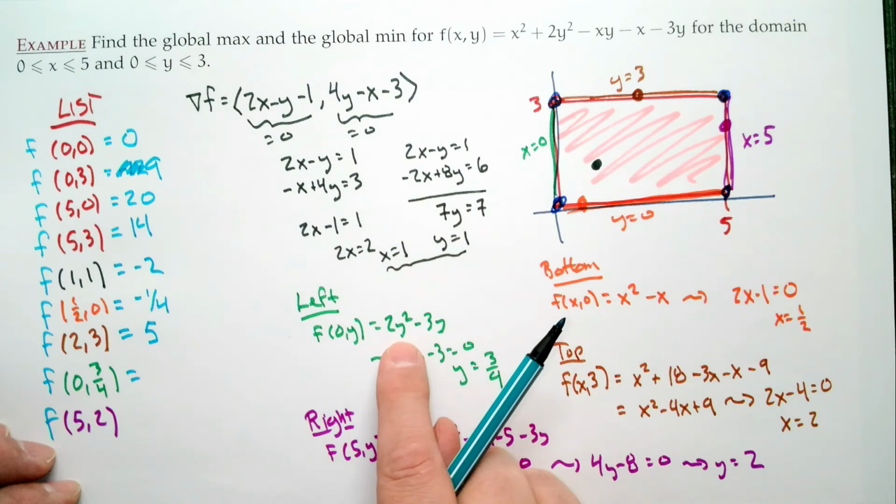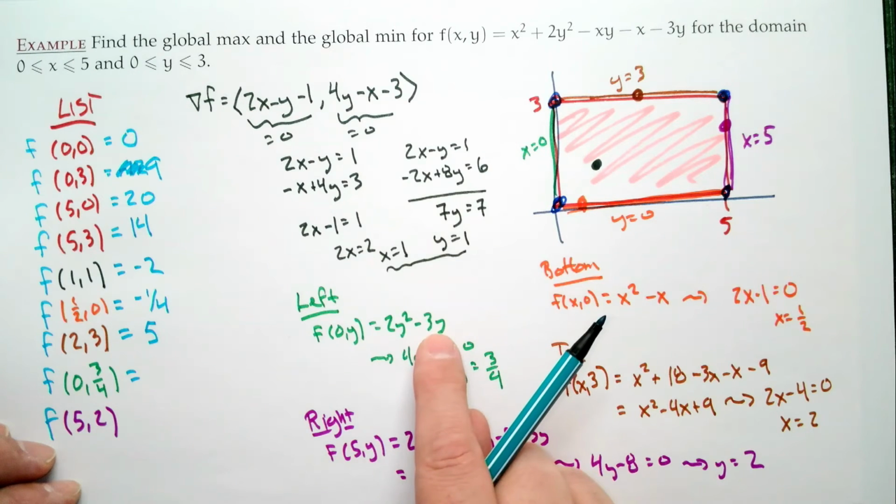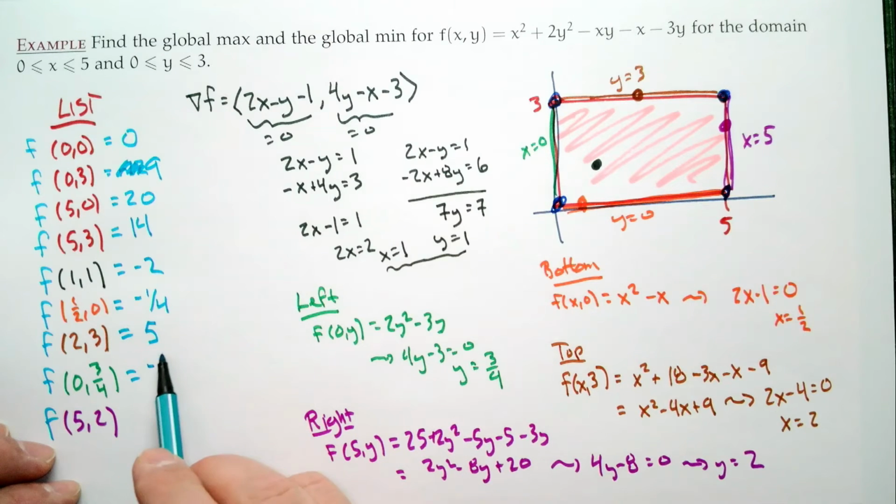Okay, so 3/4 squared is 9/16 times 2 would make 9/8. Then we're going to subtract 9/4. 9/8 subtract 9/4 is negative 9/8. And 5 comma 2, I can put in 2 here, and you'll get 8 minus 16 plus 20. 8 minus 16 is negative 8, plus 20 is 12.